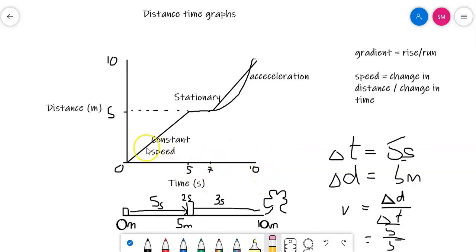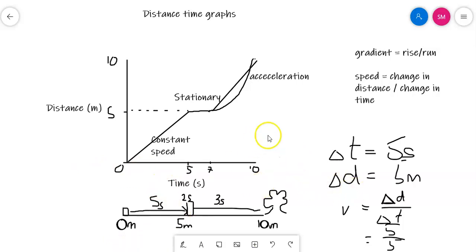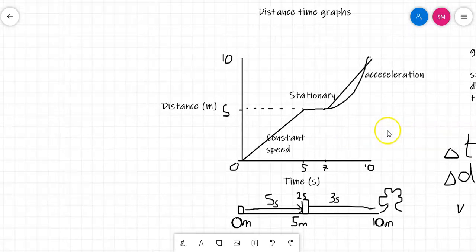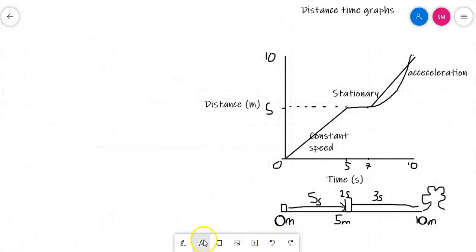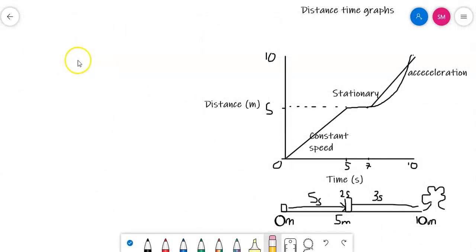So here it's slightly different because the values are not starting at 0. So we need to use this formula again. We'll do the working over this side. It's still the same formula: velocity equals the change in distance over the change in time.